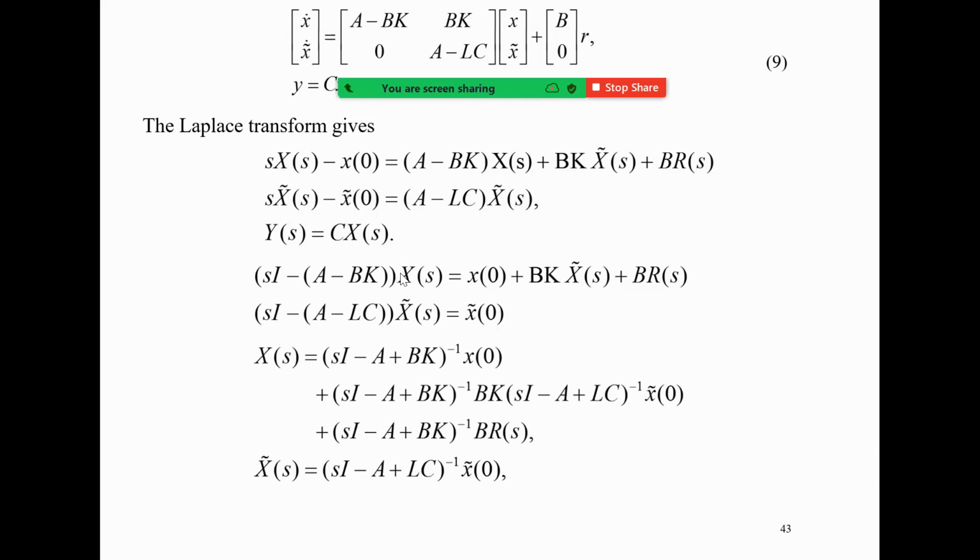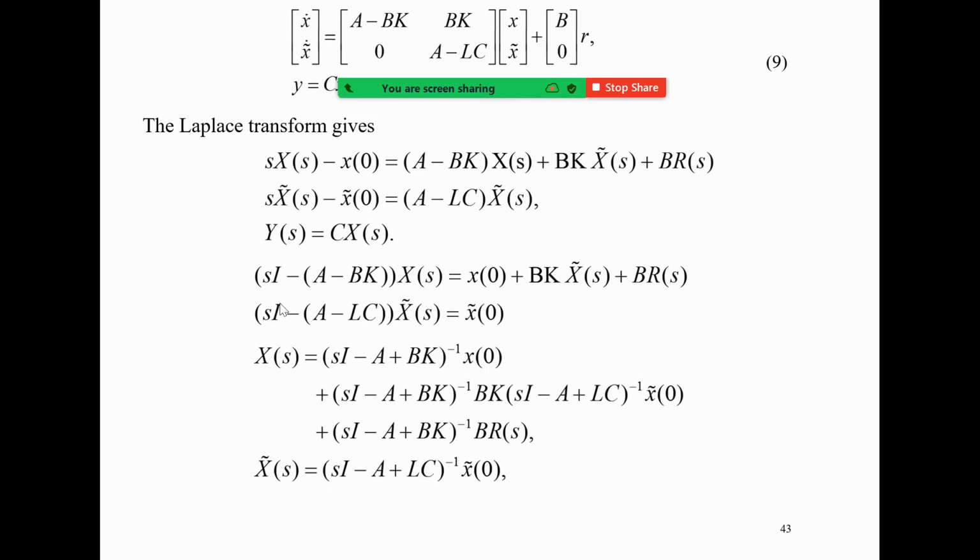We just multiply both sides by the inverse of this matrix, right? We get this solution for x: the inverse of (sI minus A plus Bk) times x0, and also the inverse of this matrix times x tilde 0, because remember x tilde is here.